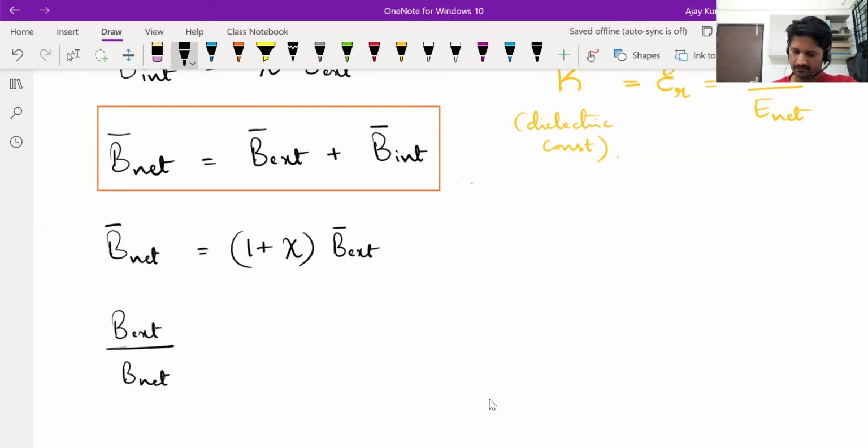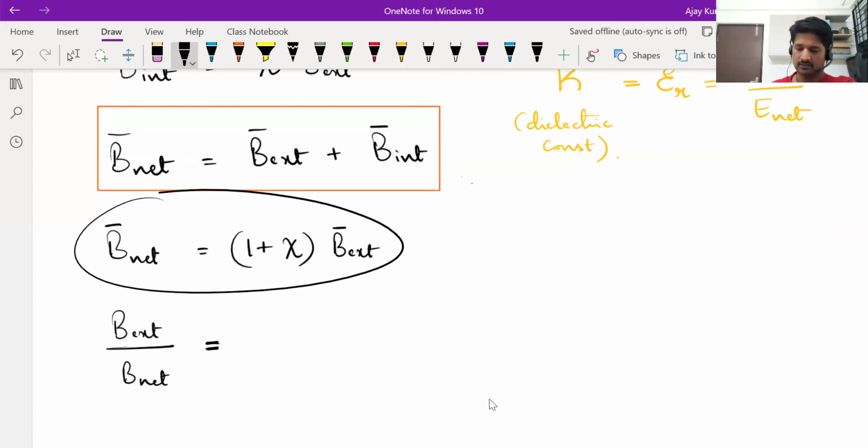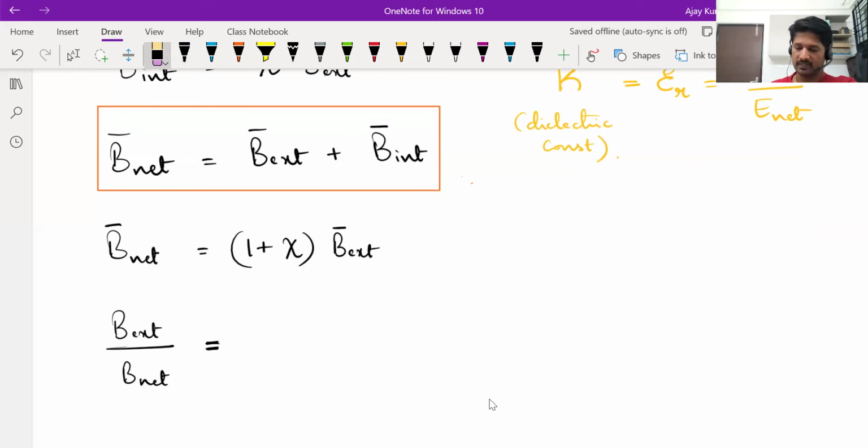What does this become? From this formula, what is B external divided by B net? 1 by 1 plus x.